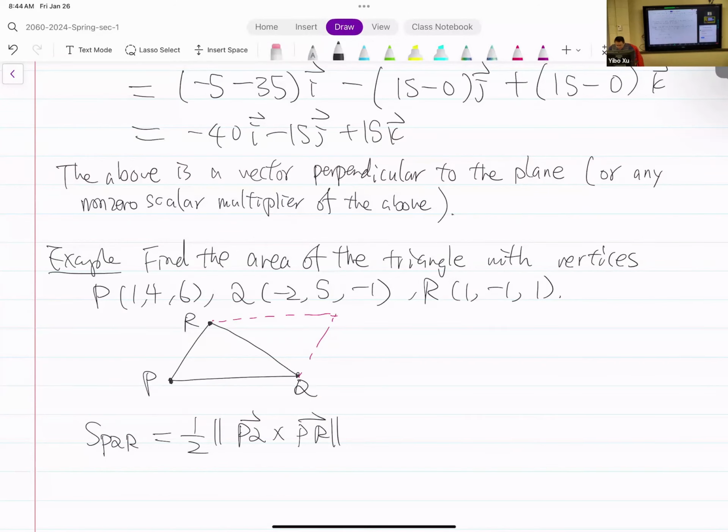Another comment is that it doesn't have to be PQ and PR. It can be any 2 vectors constructed from the 3 points. Let me just copy the 3 points again.